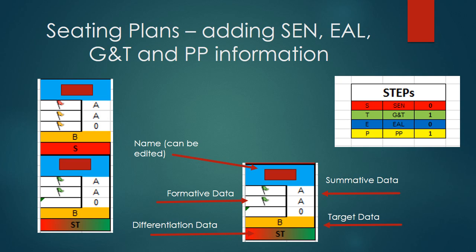If the teacher indicates the student has any of these, they place the initials within this box underneath the student place name on the seating plan. When you do this, it color codes it.